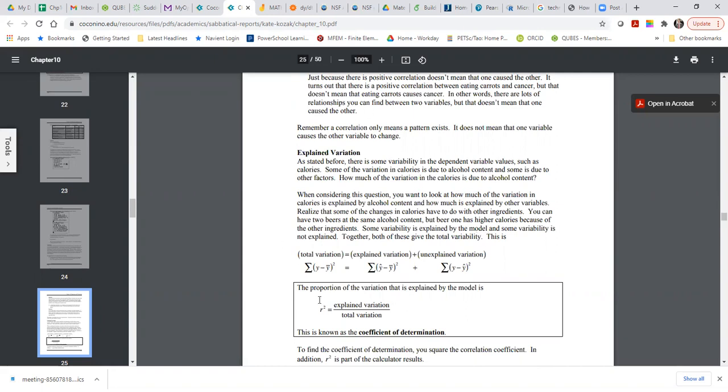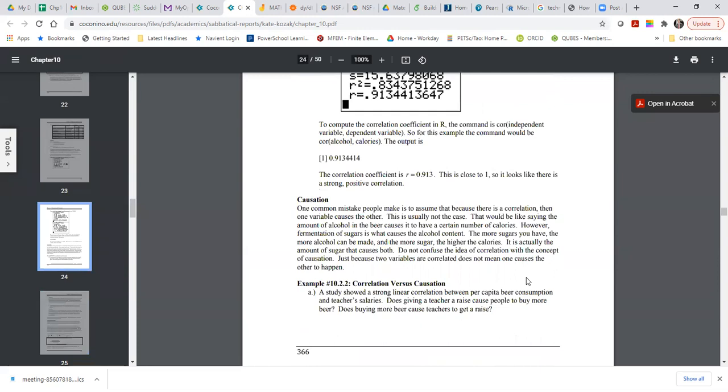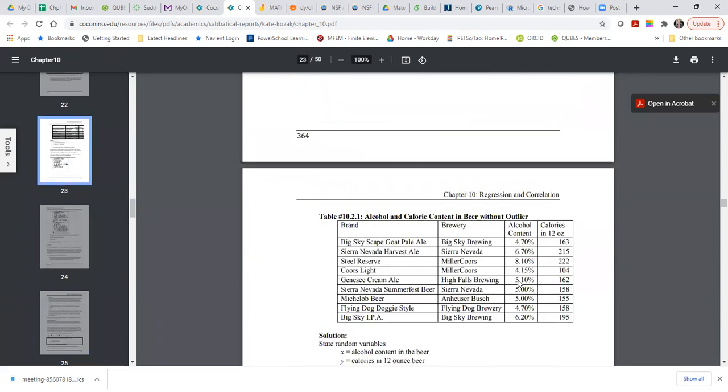Okay. So this is another definition, we call it the coefficient of determination. So R square. To find the R square is just simply squaring the R, right?